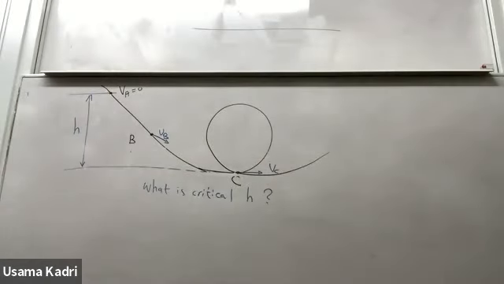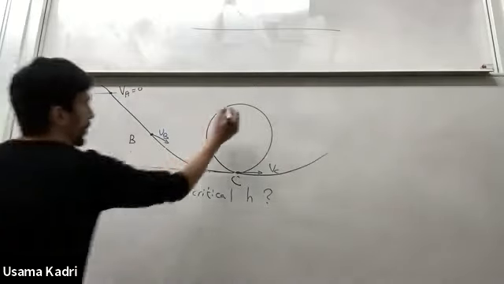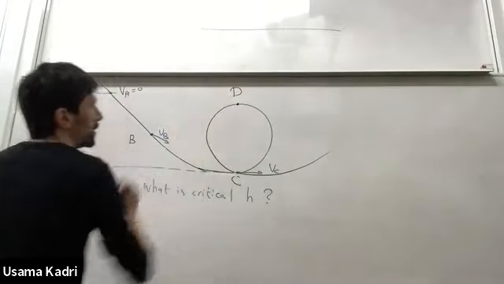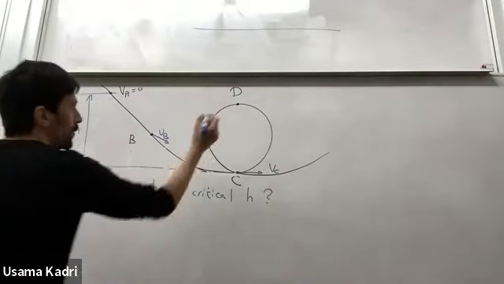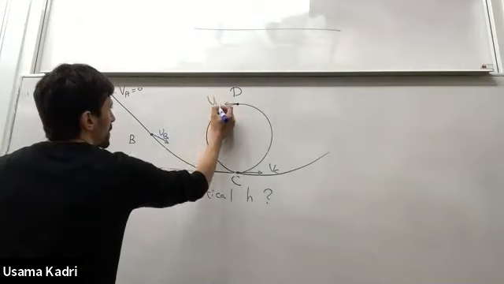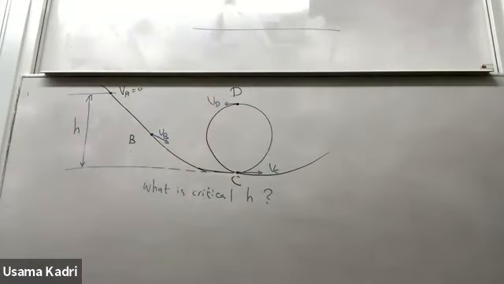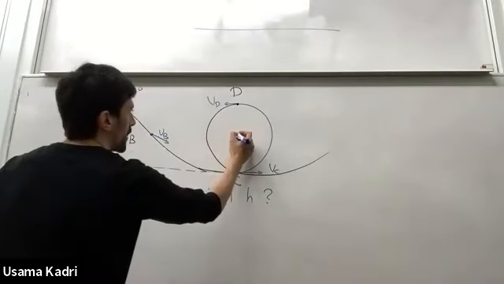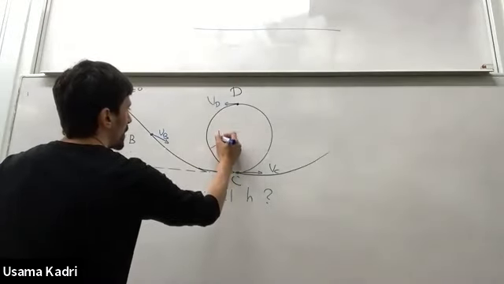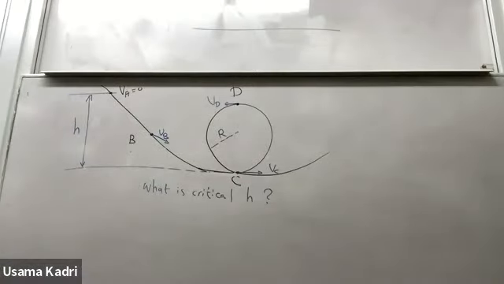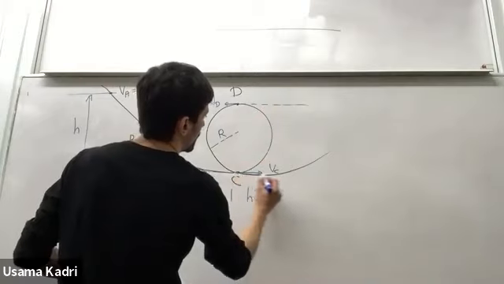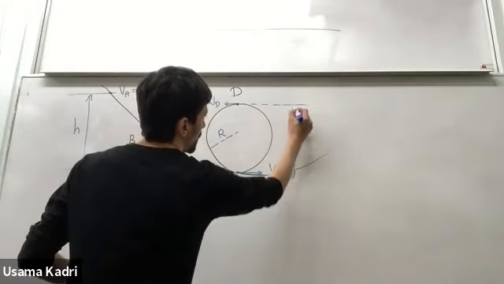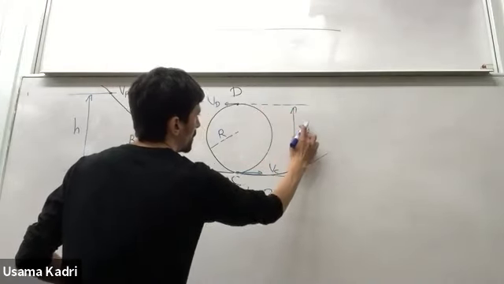Another important point, of course, probably the most important point, is point D. What happens at point D? Obviously, you should have some VD here. Now, given that the radius is R, so this whole thing here, if you want, is 2R.